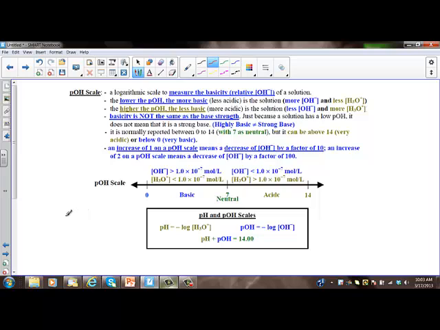Again, basicity is not the same as base strength. Just because a solution has a low pOH, it does not mean that it is a strong base. Again, an increase of 1 on the pOH scale means a decrease of OH minus by a factor of 10. So it's the same thing that I was just talking about, but this time we're talking about pOH.